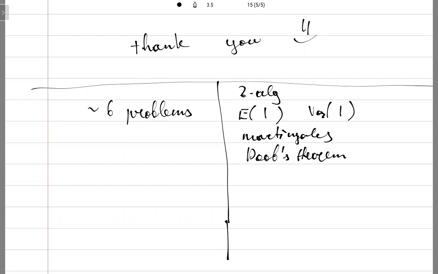Maybe it's better to say it before Doob's theorem, but never mind. Conditional expected value.